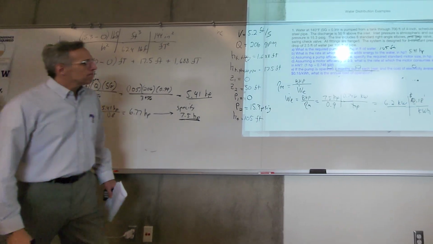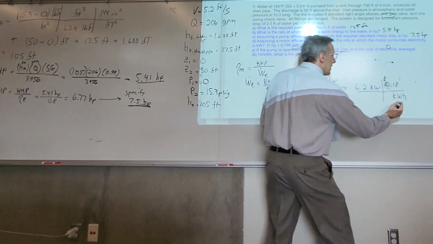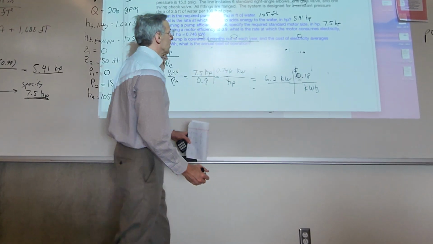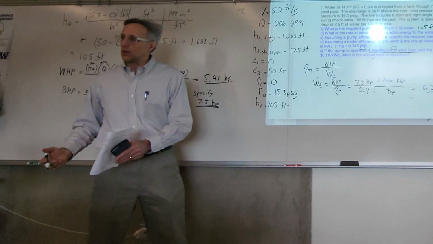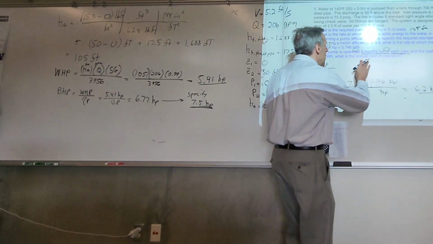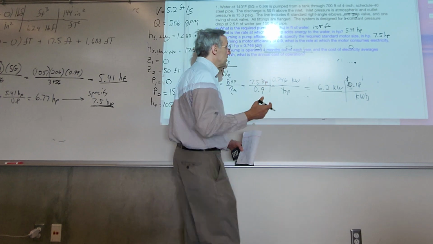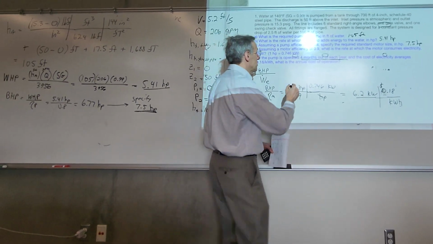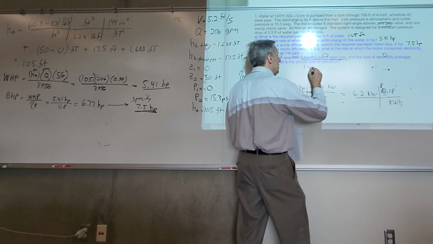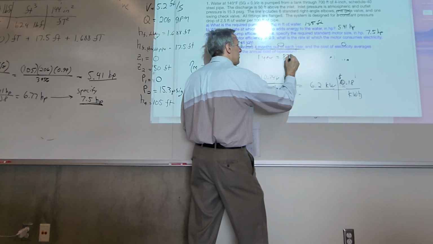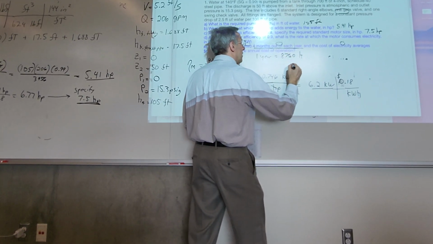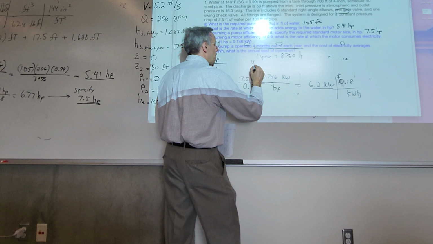Okay, so the best way to do this, because kilowatt hour is our electrical unit here, let's convert 4 months to hours. And it's worth remembering, especially when doing the economic side of the analysis, 1 year is equal to 8760 hours. So 4 months is 1/3 of a year.